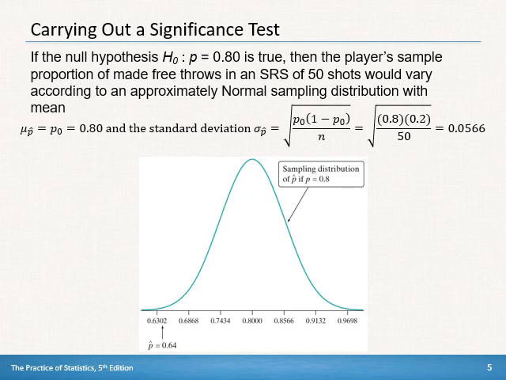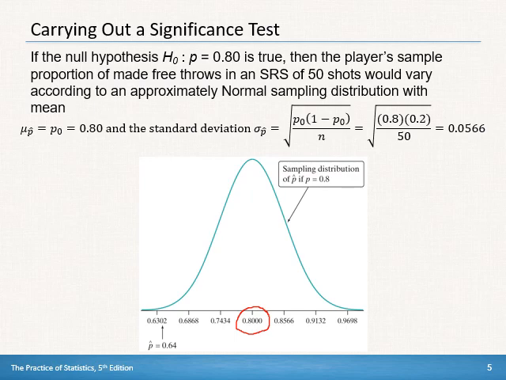If we sent her out to shoot 50 baskets a whole bunch of times, then all of those resulting p hats would fall on a sampling distribution. And we're going to assume that that sampling distribution is centered on the hypothesized p-value, 80%.